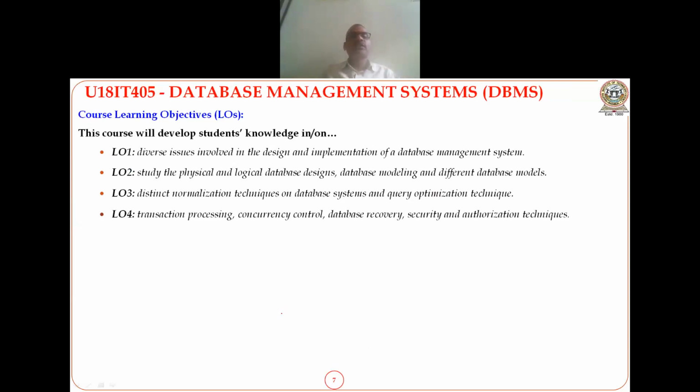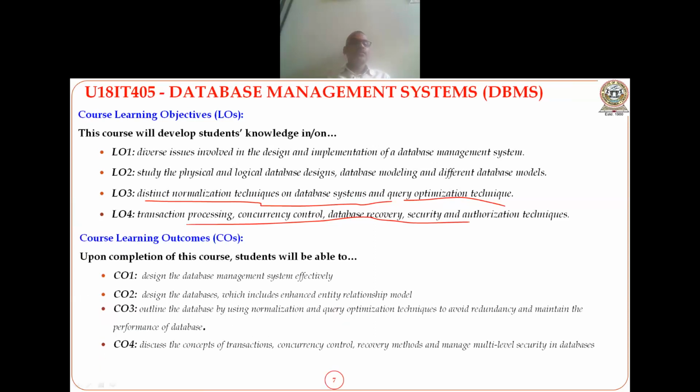This course will develop the students' knowledge of diverse issues involved in the design and implementation of database management systems. They study physical and logical database design, database modeling, the different database systems, distinct normalization techniques, query optimization techniques, transaction processing, concurrency control, database recovery, and security and authorization techniques. These are the course learning outcomes.